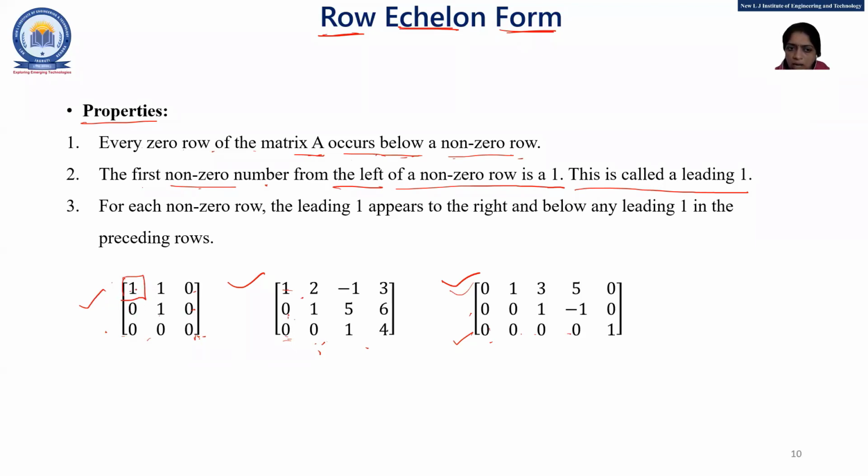And the elements below this leading element must be 0. For the first row, this one is the leading element, and the elements below it must be 0. For the second row, this is our leading element, and the elements below it must be 0, right?